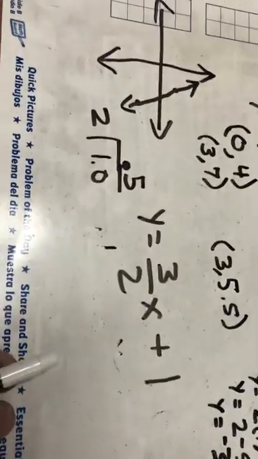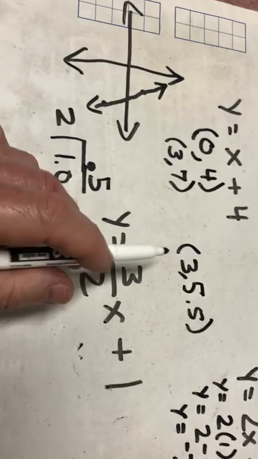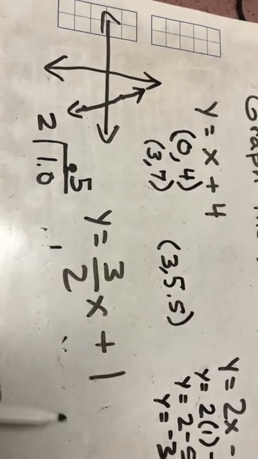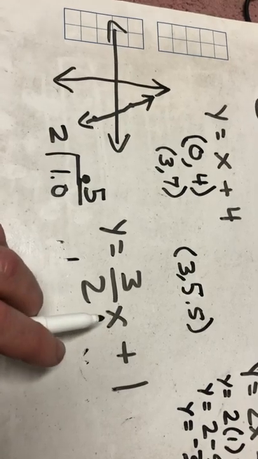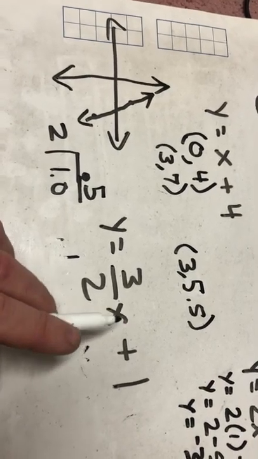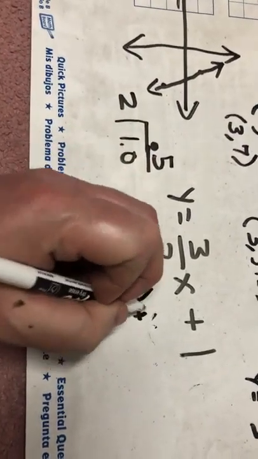All right, let's give ourselves a little more room here. We've already talked about how the 3 over 2 is the same as 1.5. We've already plugged in 3 for x. Let's say now we want x to be 6. So it's going to be 1.5 times 6 plus 1.